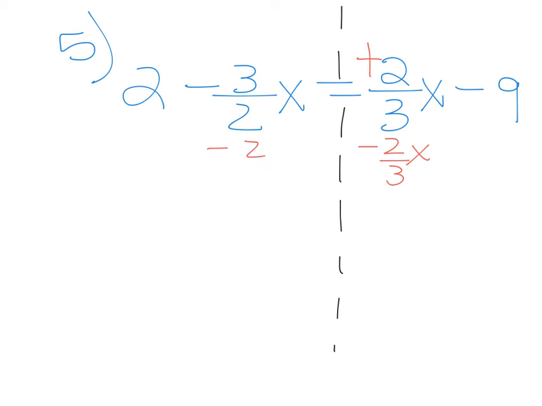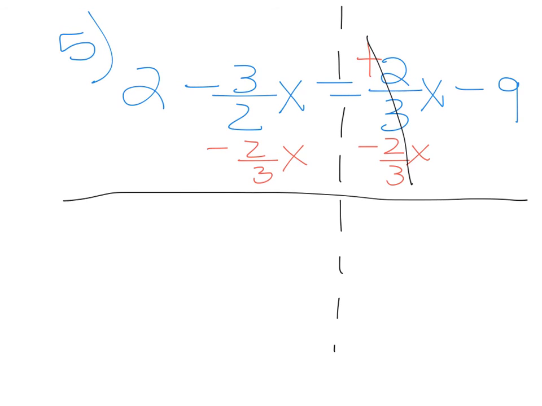And remember, I'm going to put it right underneath the other x. So on the right-hand side, 2/3 minus 2/3 is going to cancel. Now on the left side, I cannot take 3/2 minus 2/3 if I don't have common denominators. So I've got to think about, well, 3/2 and 2/3, common denominator would be 6.